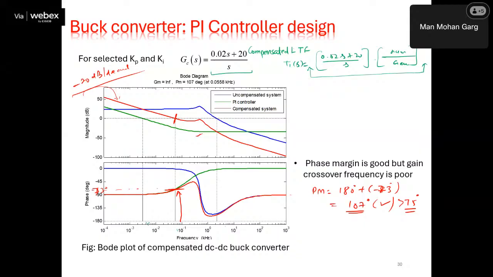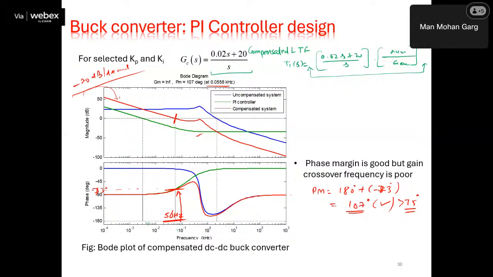But another issue has been created. What is that issue? We see here that the crossover frequency is just, not 50, let's say 56 hertz. This is just 56 hertz.